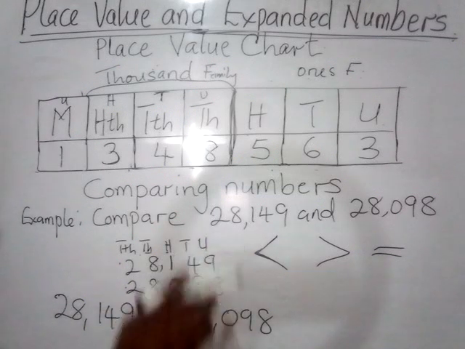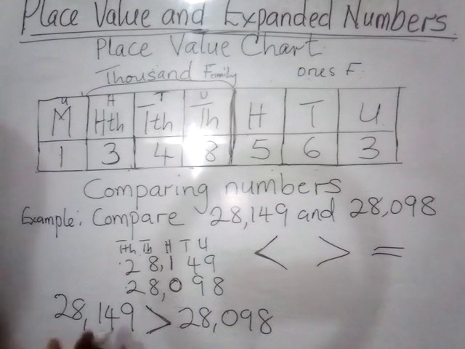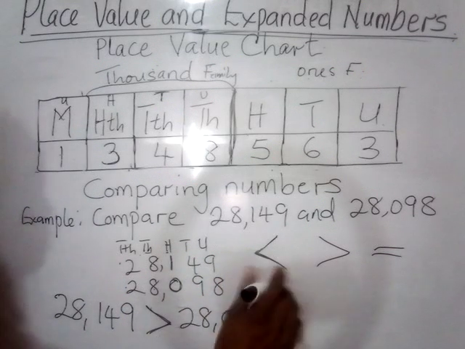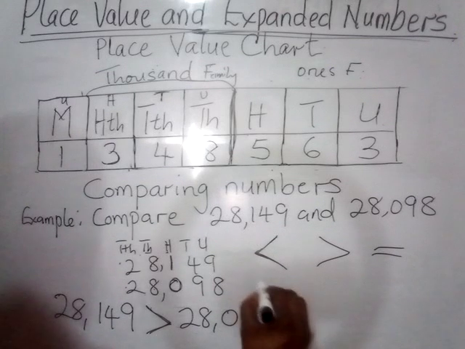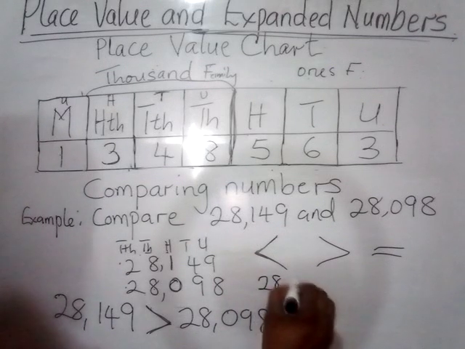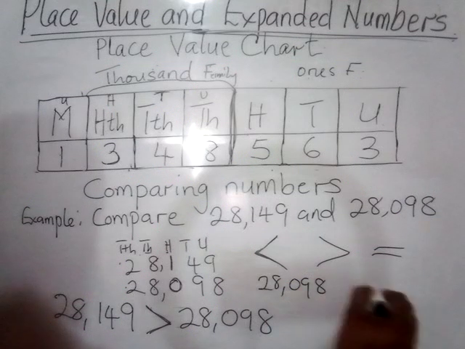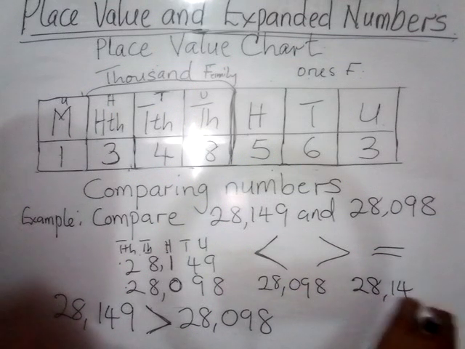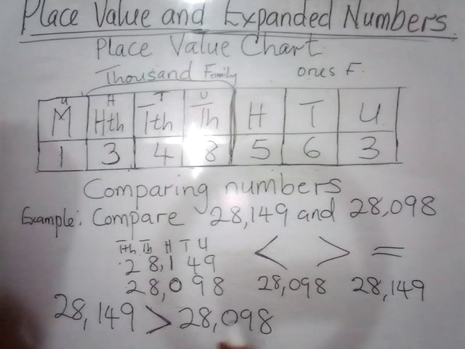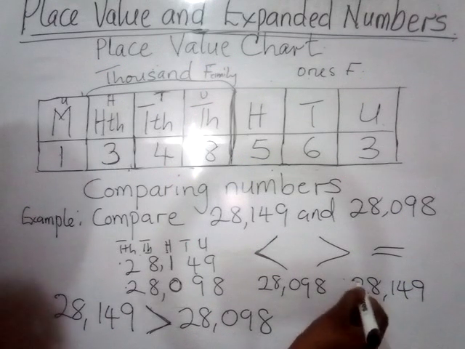Now, if you write your smaller number first, for instance, if we write 28,098 before we write 28,149, the crocodile mouth will be facing towards the right.